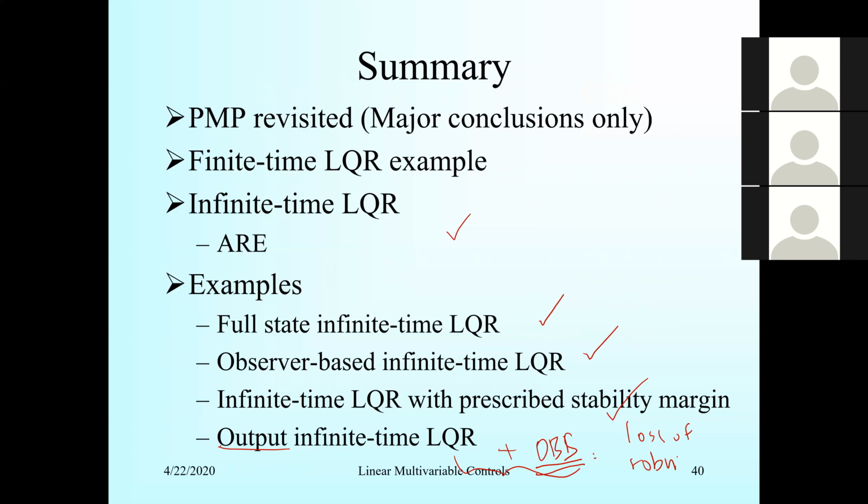To understand the loss of robustness, you really need another lecture on the frequency domain interpretation. I believe John Doyle's paper is discussed in this book, where I uploaded chapter 11. It has this type of discussion. But please pay attention to the loss of robustness issue when you introduce an observer without full state feedback.